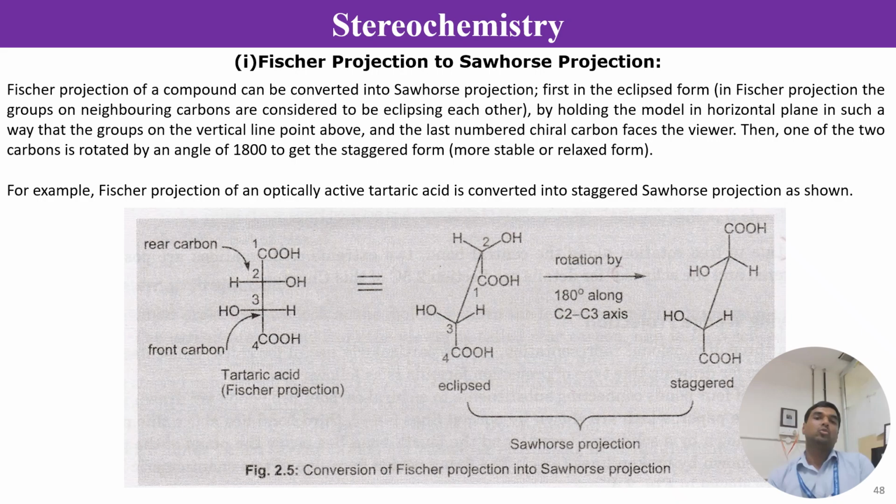Now, Fischer projection to Sawhorse projection, how to do that? Basically you can take tartaric acid, where C3 and C4 are the rear carbons and 1 and 2 are the front carbons.